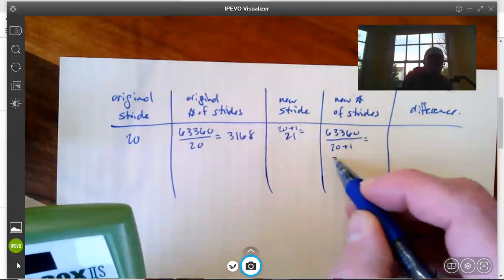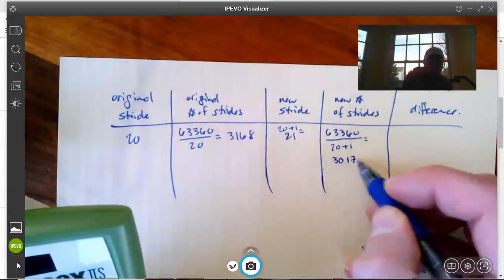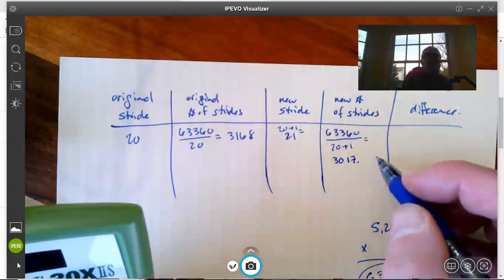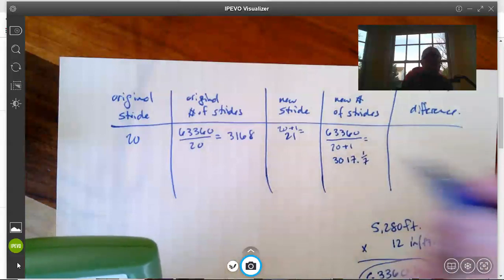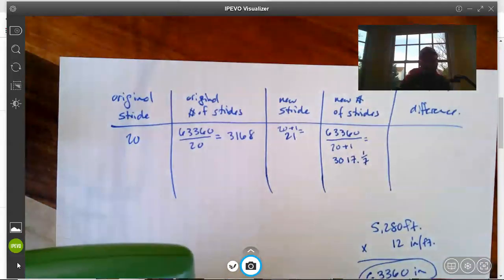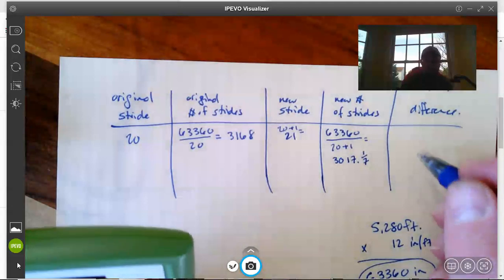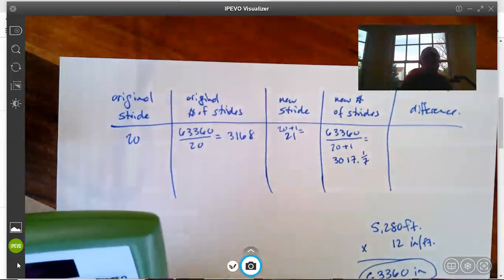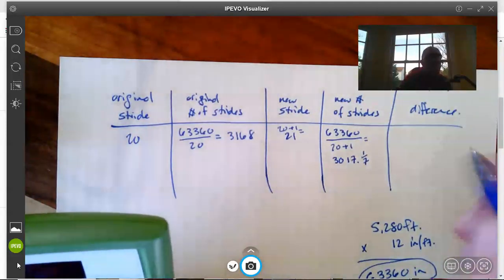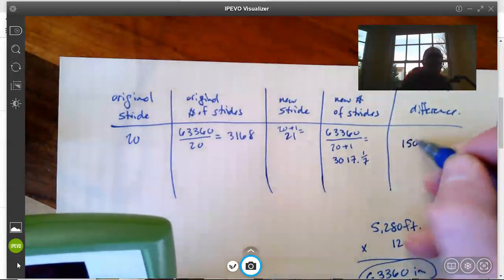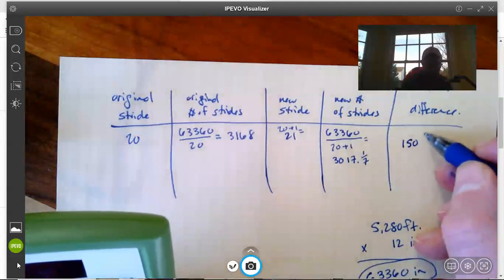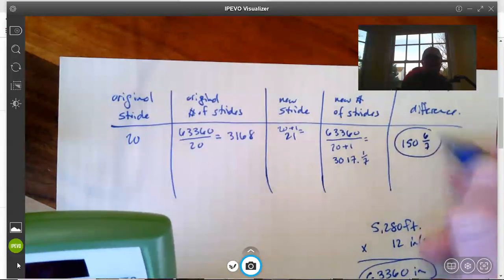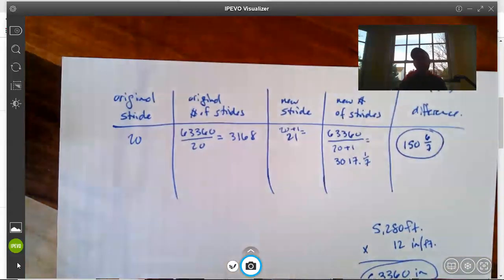That gives us 3,017 and looks like some 1/7. So our difference will be 3,168 minus that, which is 150 and 6/7 strides, but not 60 strides.